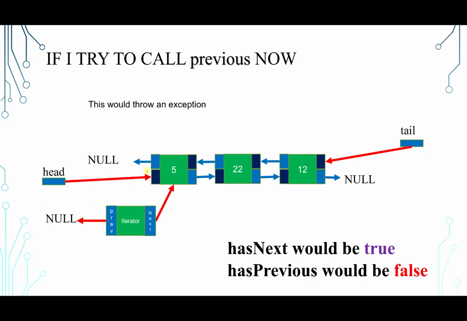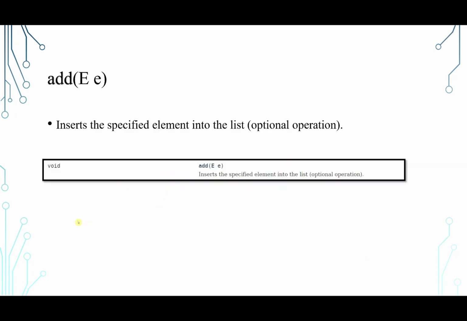So if I try to call previous now, where previous is actually pointing to null, it's going to be an exception. NoSuchElementException.